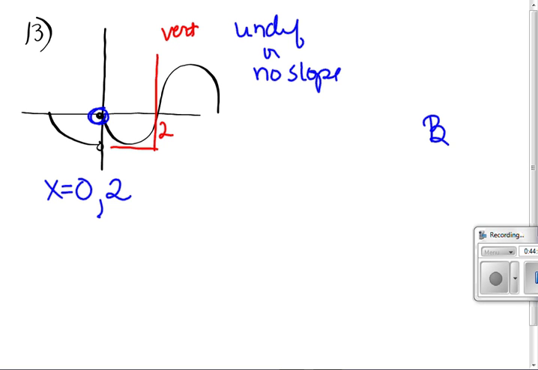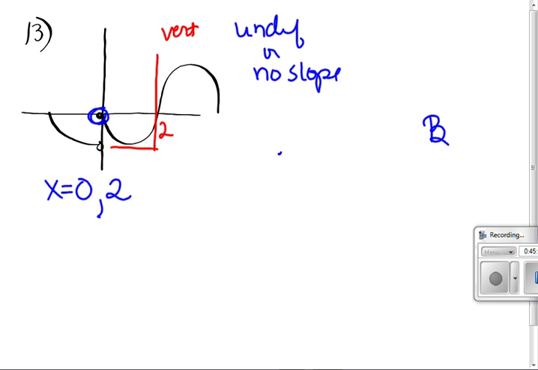You can find it. You can find the derivative. Wait, stop, wait. The derivative of 2 is 0. You can't find a derivative at a jump, a sharp corner, or a vertical tangent. Those are the 3 places.